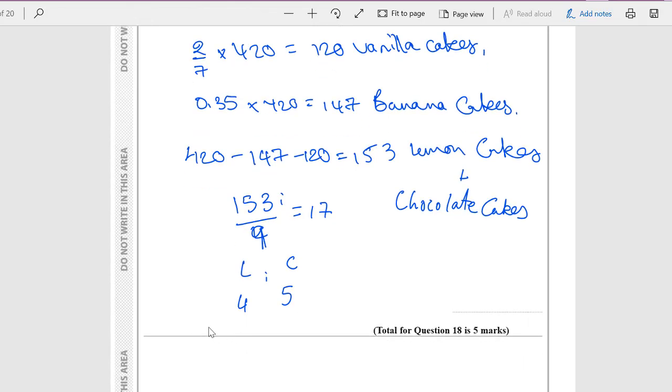So it's going to be a simple case of 4 times 17 will give us the lemon, and then 5 times 17 will give us the chocolate. So this will give us 68. This will give us 85. So that means, since we wanted the lemon, the answer is 68.